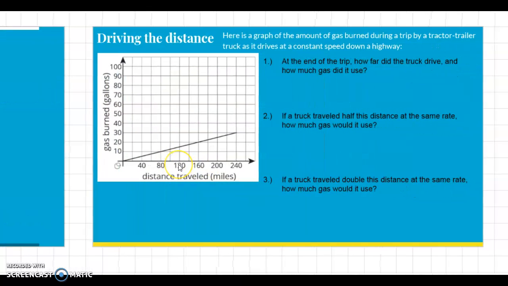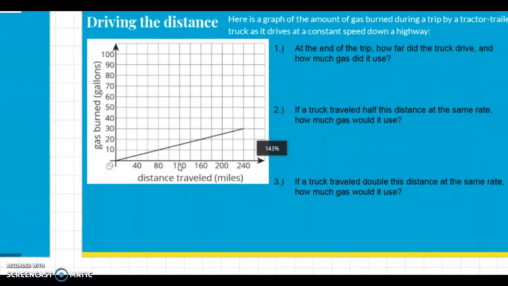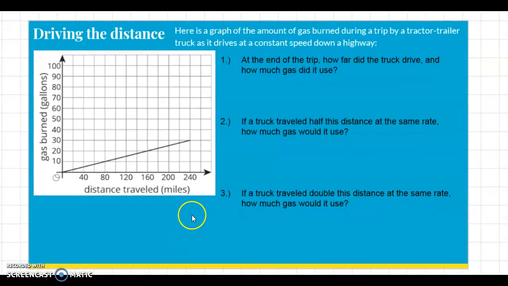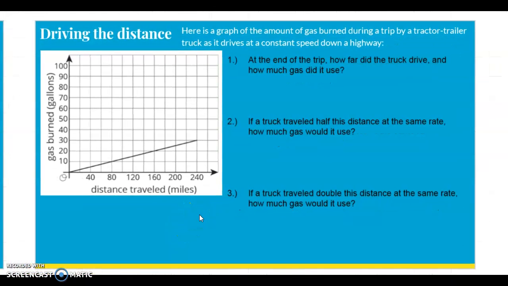So, driving the distance. Here's a graph of the amount of gas burned in a trip using a tractor trailer that drives at a constant speed down the highway. It says at the end of the trip, how far did the truck drive and how much gas did it use? Well, let's see. If I look at my graph here, I know that it stops right here.